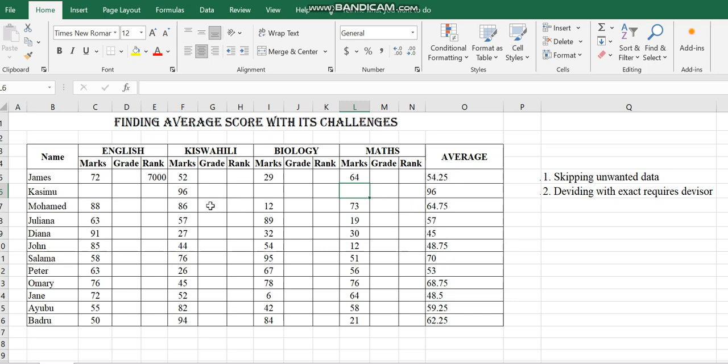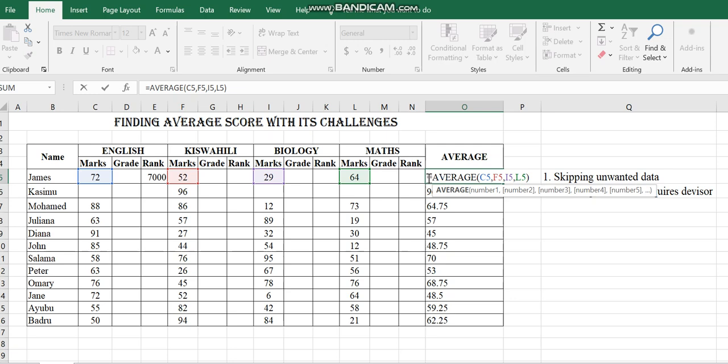Because the divisor in this case is only 1, the total of marks, which is 96, divided by 1, this person has got the average of 96. And this is not okay. What if this person was supposed to do all these 4 exams? So this mark was supposed to be divided by 4 instead of being divided by 1.